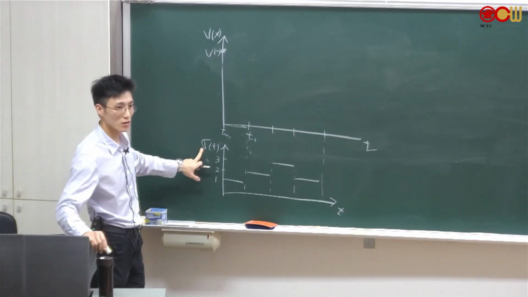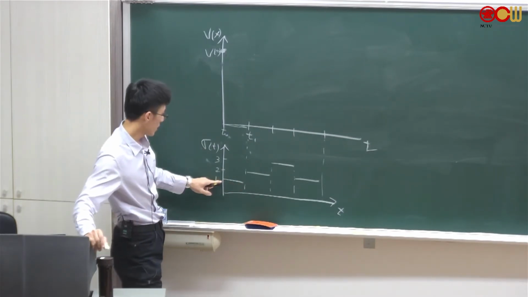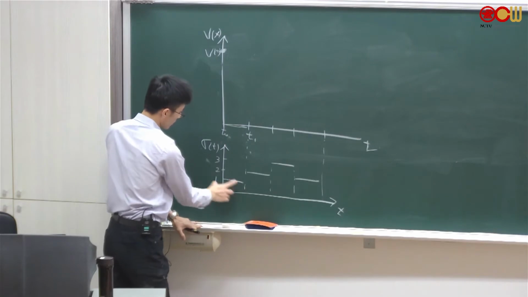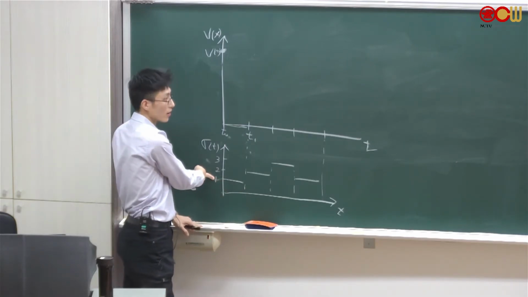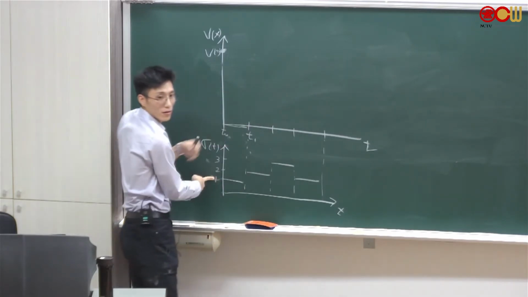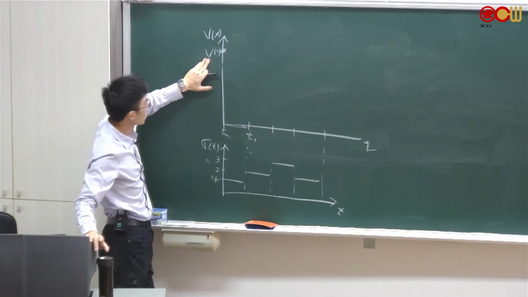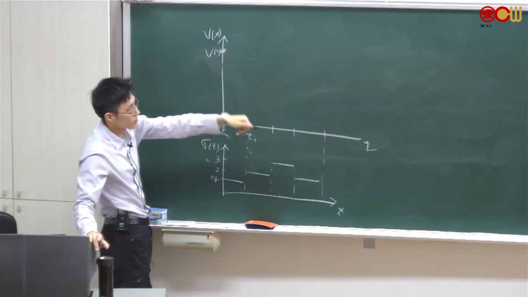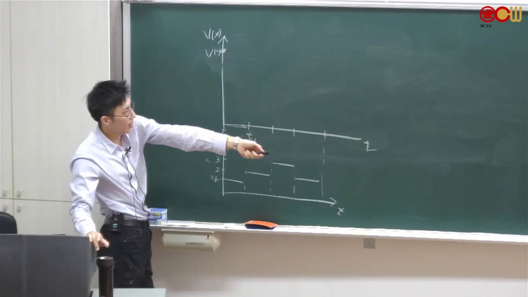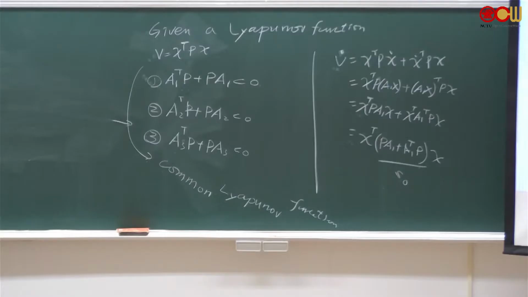This is the switching signal. At any time only one system is activated, and let's say this time the first system, A1x, is activated. What happens to the Lyapunov function here? According to V dot, you substitute A1x, and you can see that V dot will be negative definite.